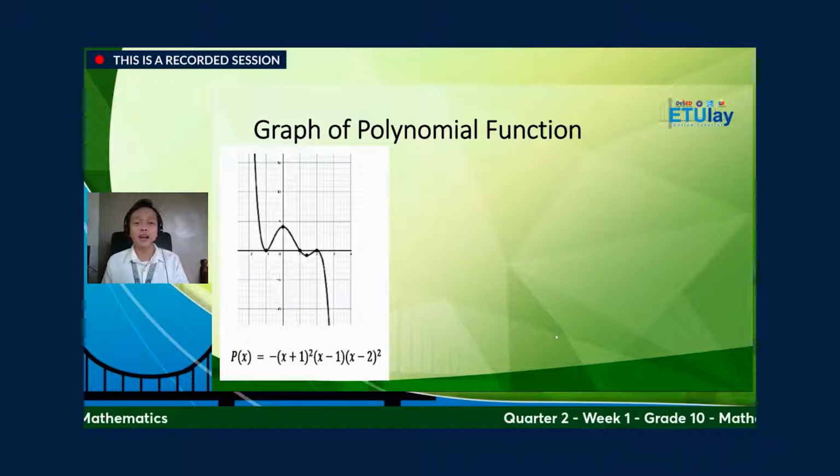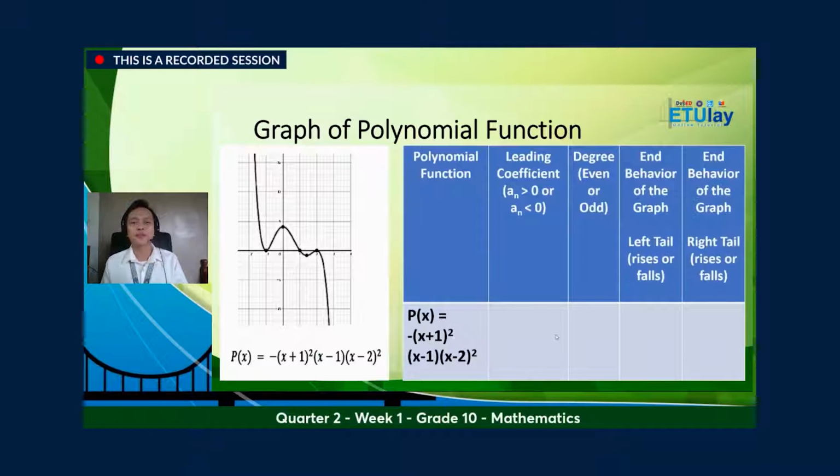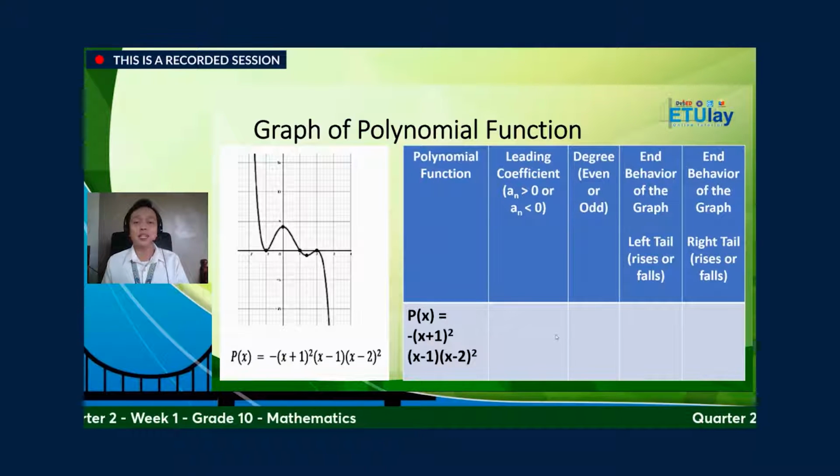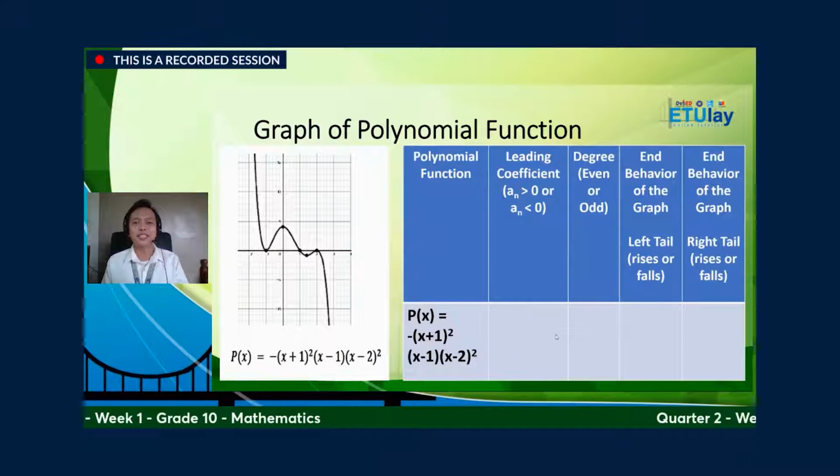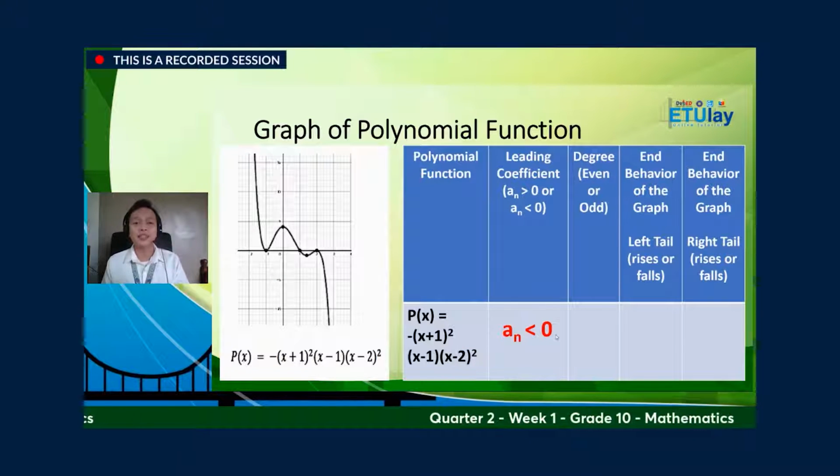We have this given graph, and let us check the characteristics of this graph. The polynomial function p of x is equal to negative times the quantity x plus 1 raised to second power times the quantity x minus 1 times the quantity x minus 2 raised to second power. What will be the leading coefficient? The answer is a sub n is less than 0.